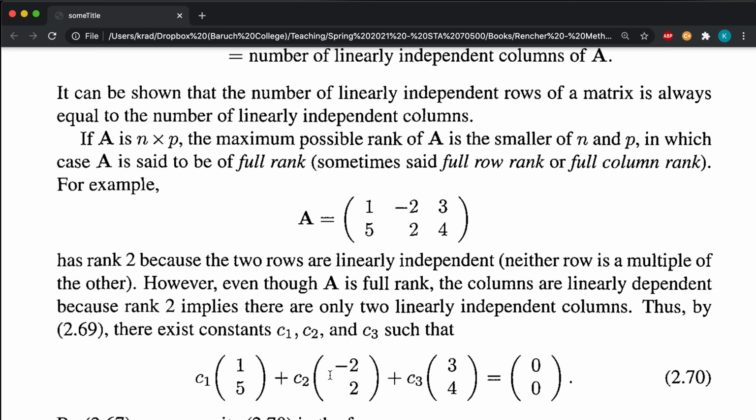And essentially, what does this mean? If we want to write this in a matrix vector format, how could we do that?